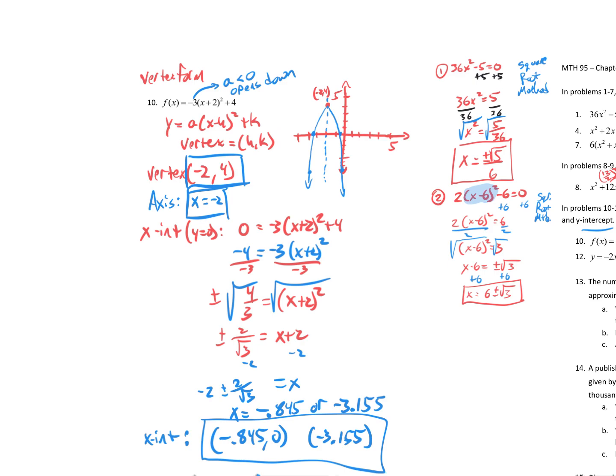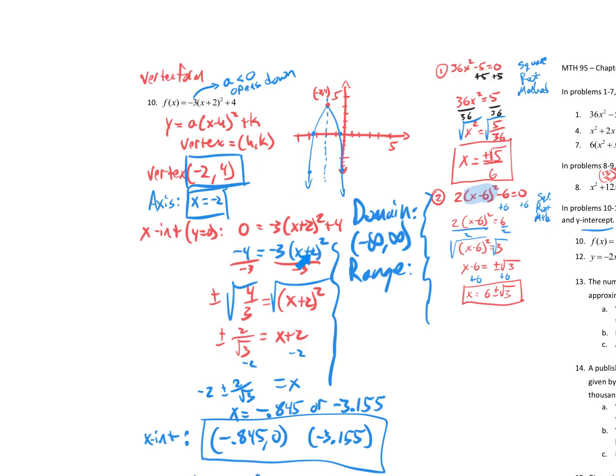Okay, so our domain, the domain is the possible x values. Well, are there any x values that we cannot put in there? No. We can put all x values in there. So the domain is -infinity to infinity. That's going to be always the case for quadratics. The range, well, notice the highest point is at 4, and then these go down forever.